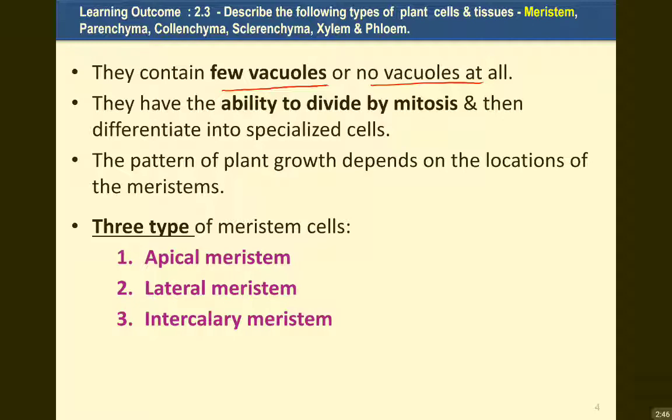And they have the ability to divide by the process of mitosis, and then after that they differentiate into different other cells. Okay, so the pattern of the plant growth depends on where the location of these meristems. So we have three types of meristems here: apical, lateral, and intercalary at different locations.